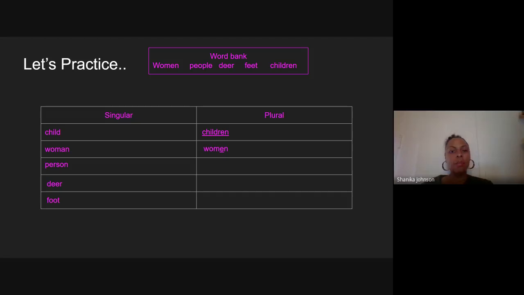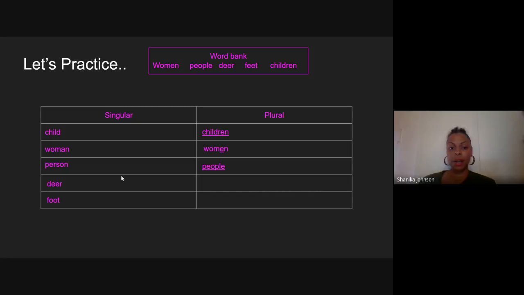Is it woman, people, deer, feet, or children? Yeah, I'm pretty sure you guys said people, right? I would say I saw a bunch of people at the cookout. And as you see, there is no S or ES at the end of this word that made it plural. This word, in fact, is different from the singular word. The spelling is completely different.